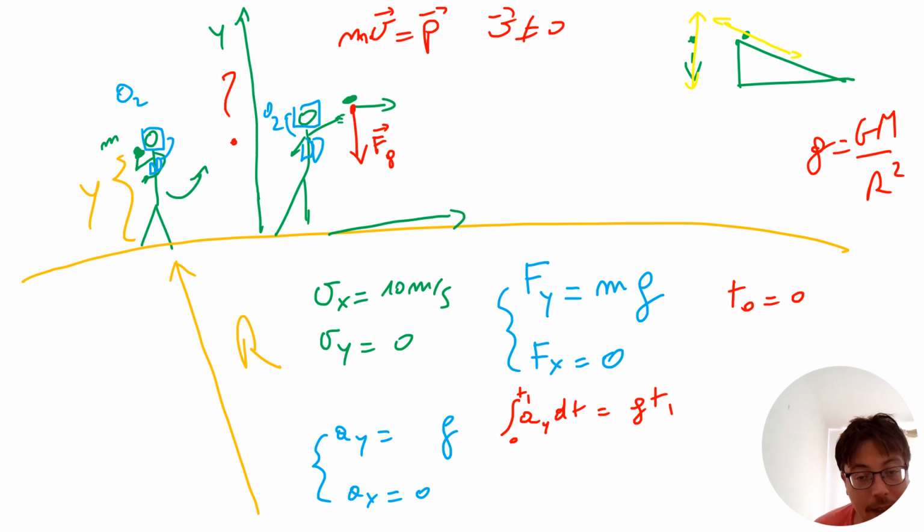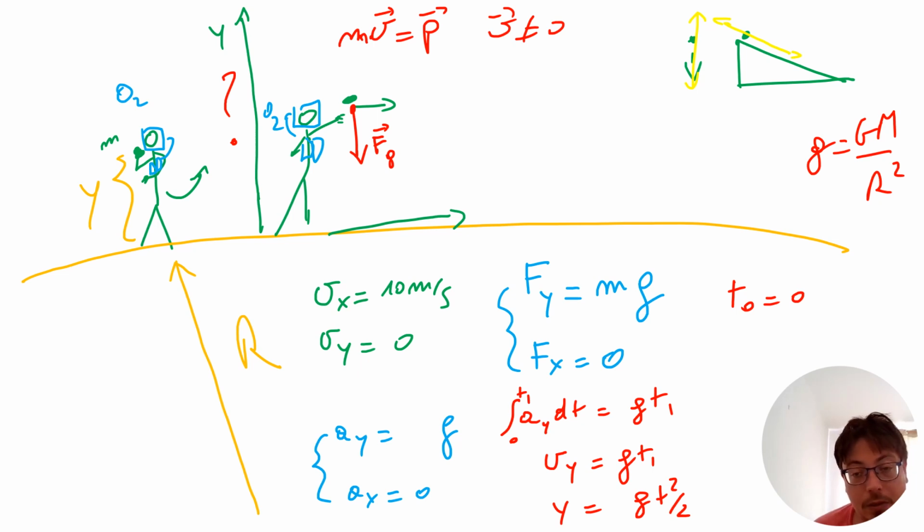This is the integration of our acceleration in y, which is exactly the velocity in y, g t1. Then we integrate further and we get that the coordinate y is exactly g t squared divided by 2, because we integrate once more.